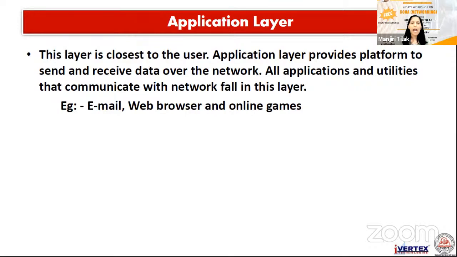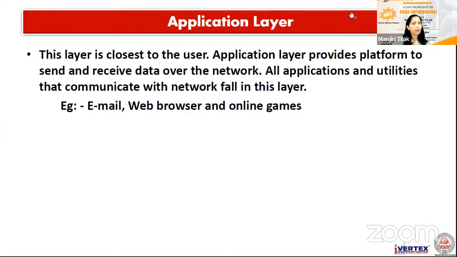On the application layer, right? So developers have to develop certain protocols on the application layer so that users can put different kinds of requests to receive different kinds of data. So all applications and utilities that communicate with the network fall in this layer.